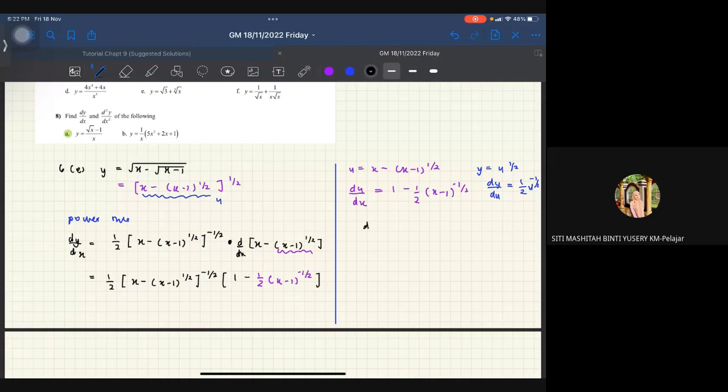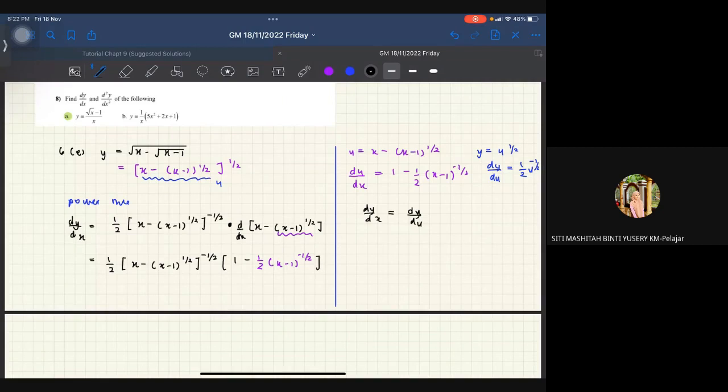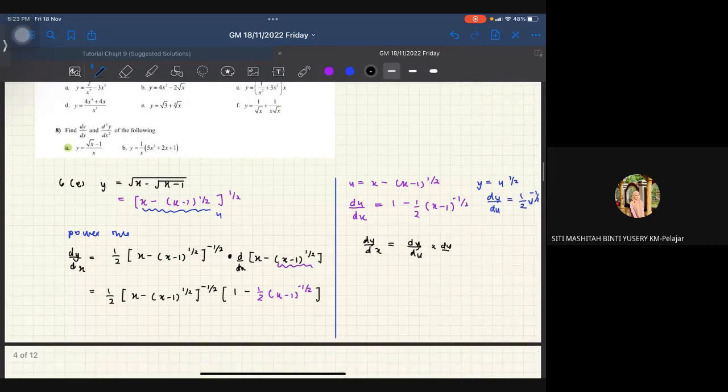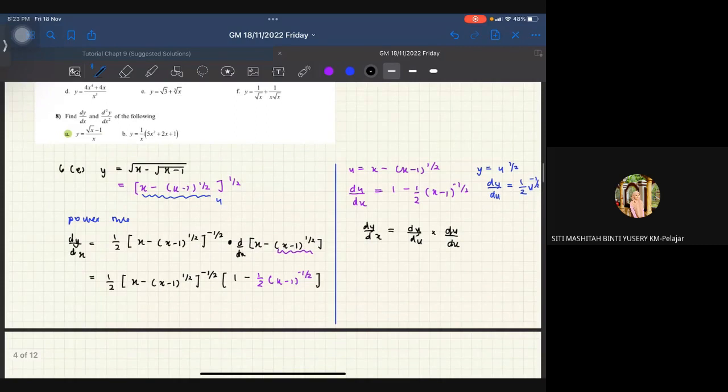So saya salin dulu formula dy dx is equals to dy du times du dx. Oops, sorry. Okay, so this is our formula. So kita masukkan sahaja whatever that we have. So dy du is this one and then du dx is this one.